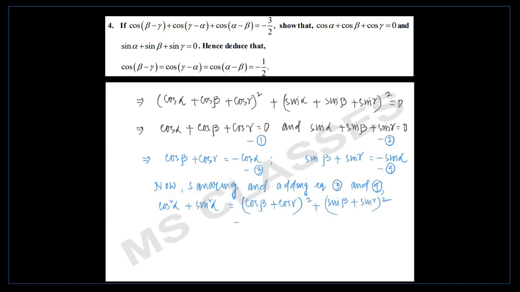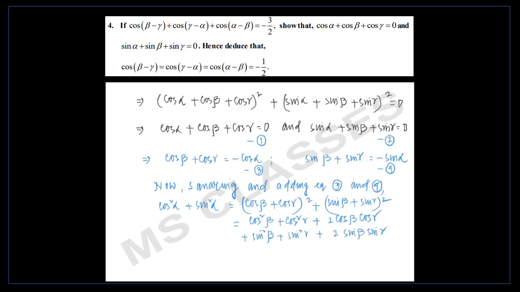Now cos beta plus cos gamma whole square, we can split up this one: cos square beta plus cos square gamma plus 2 cos beta cos gamma. From the second part, we can write plus sin square beta plus sin square gamma plus 2 sin beta sin gamma.